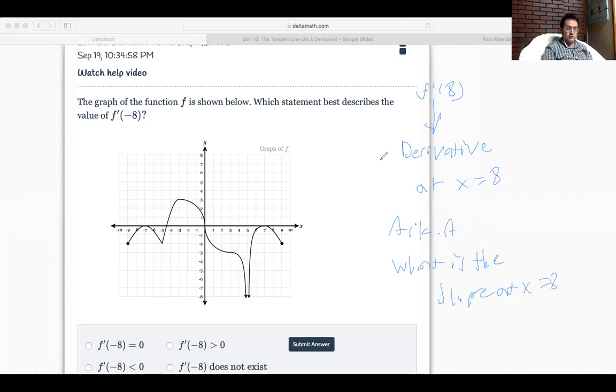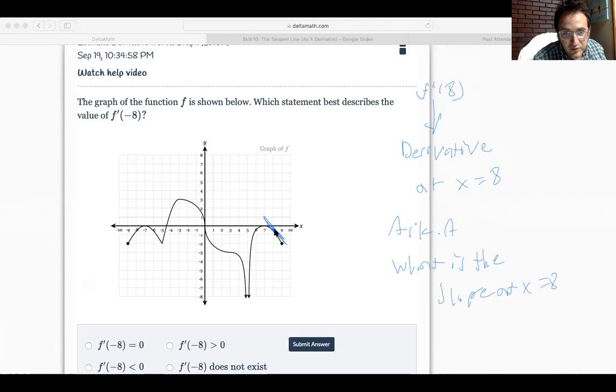So I'm just going to go right to that graph here. There's about x equals 8 right there, and we can see that it has a negative slope at that point.